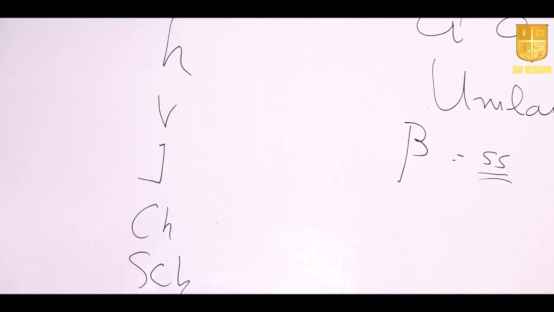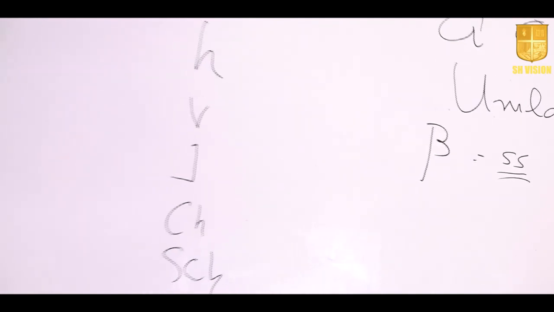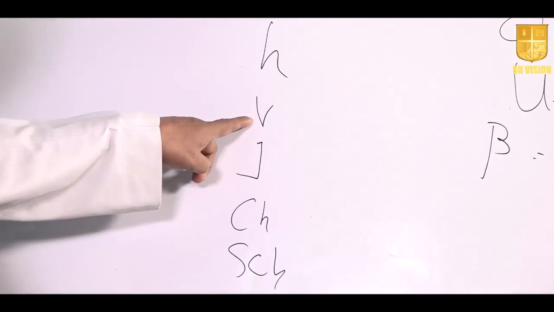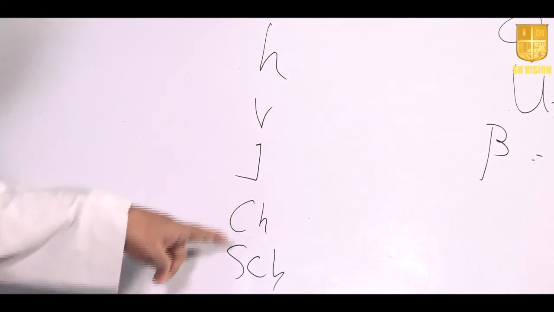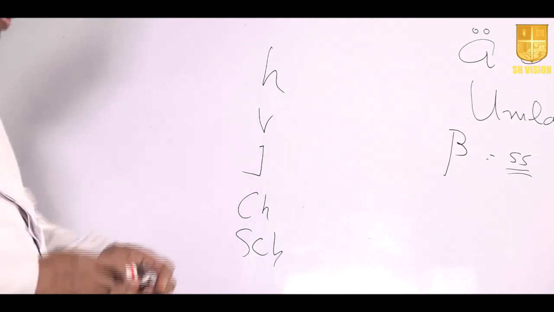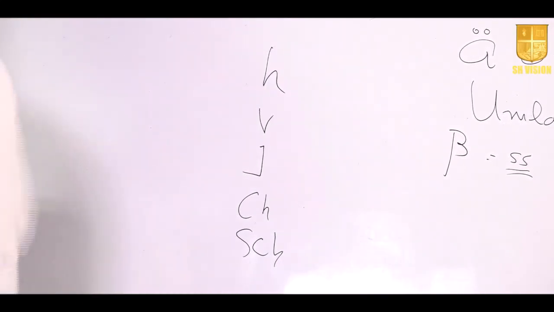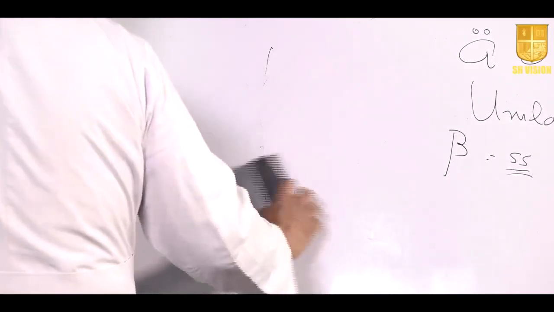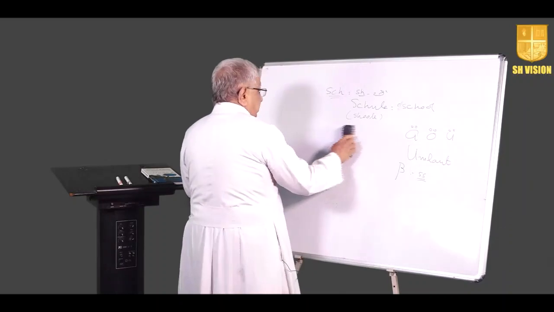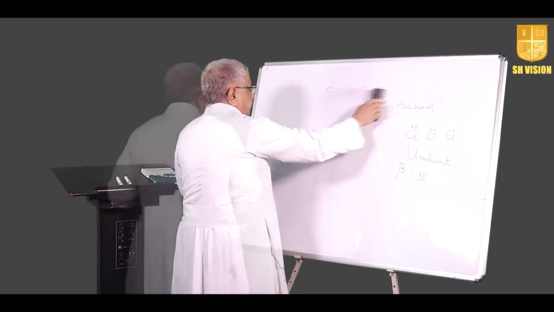You just disregard it as if there is no H there. V is always F. J is Ya, CH is H, and this is Sh. These are the special, additional letters of the German alphabet.